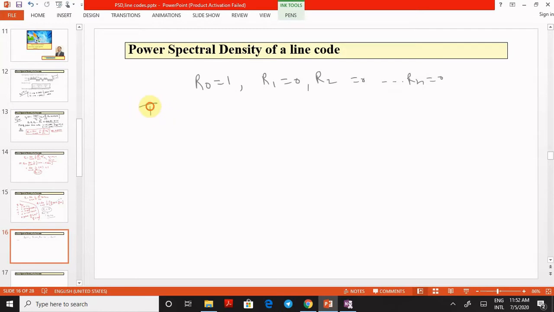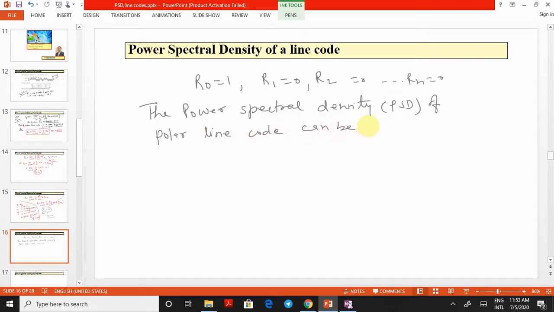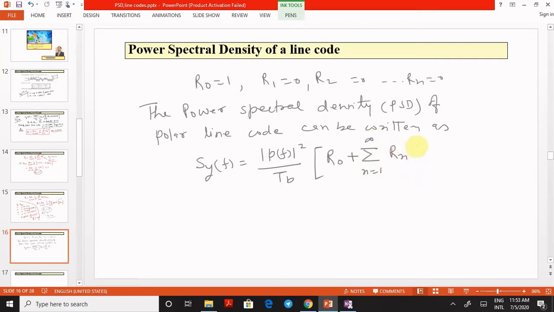So the power spectral density, that is PSD, of polar line code can be written as S_y(f) is equal to mod of P(f) square upon TB in bracket R0 plus summation of n is equal to 1 to infinity Rn cos of 2 pi f n TB, right?